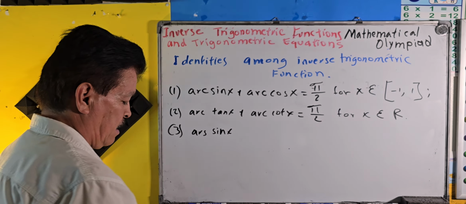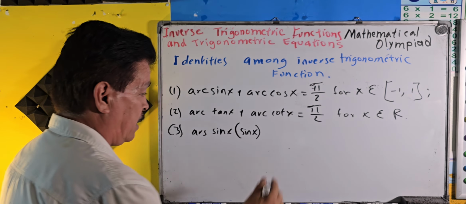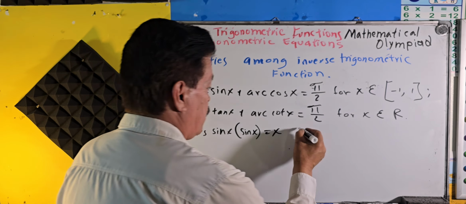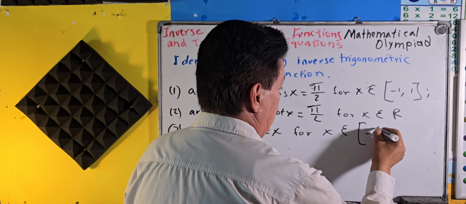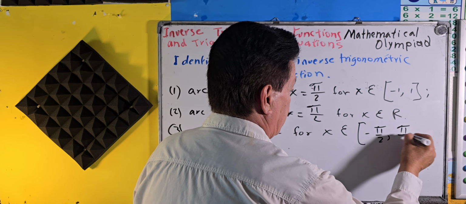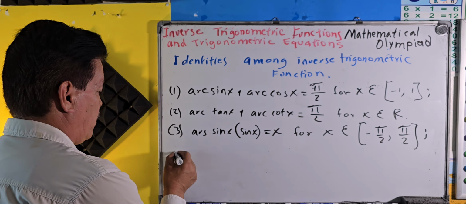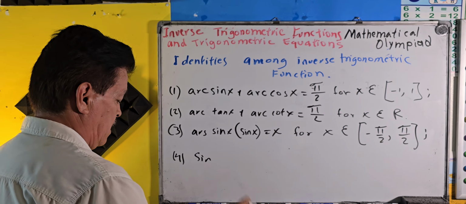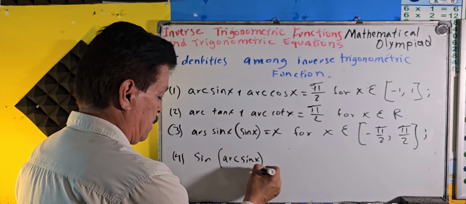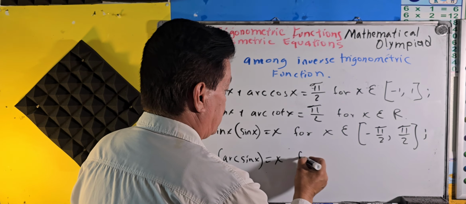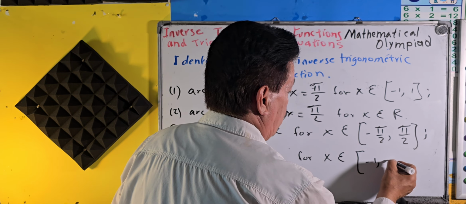Number three, we have arcsine of sine x equals x, for x belonging to negative pi divided by 2 and positive pi divided by 2. Okay, we have this another identity. The number four, identity number four: sine of arcsine x equals x, for x belonging to -1 and 1.